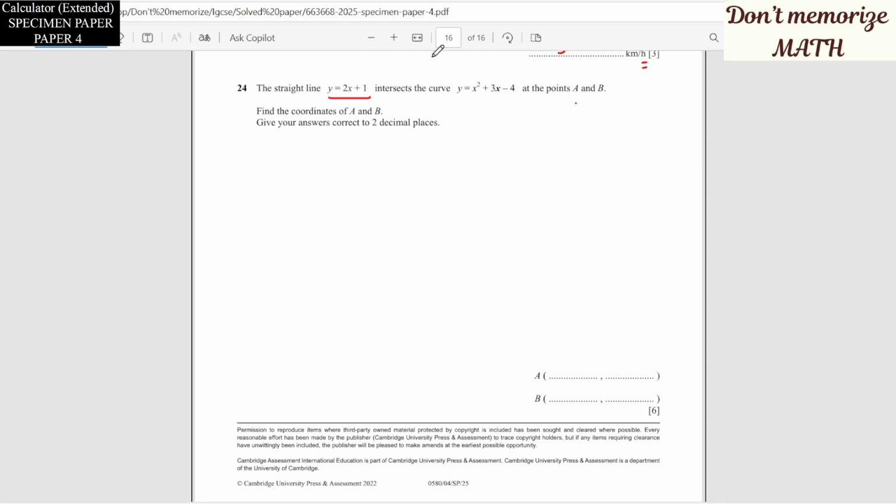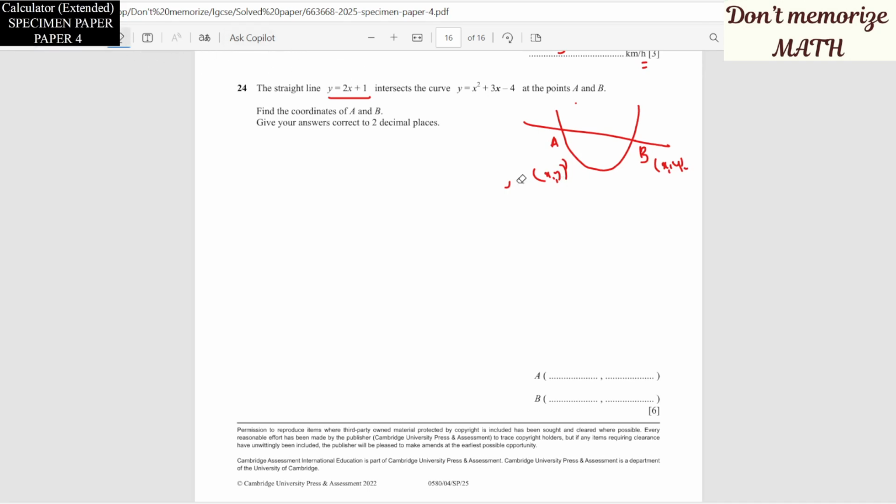Here, what you have to understand is that this is a parabola, and this is a straight line. It is not exactly the same, I am just giving you an example. It is intersecting at 2 points, one point is A and another point is B. We need to find the coordinates x1, y1, and x2, y2.